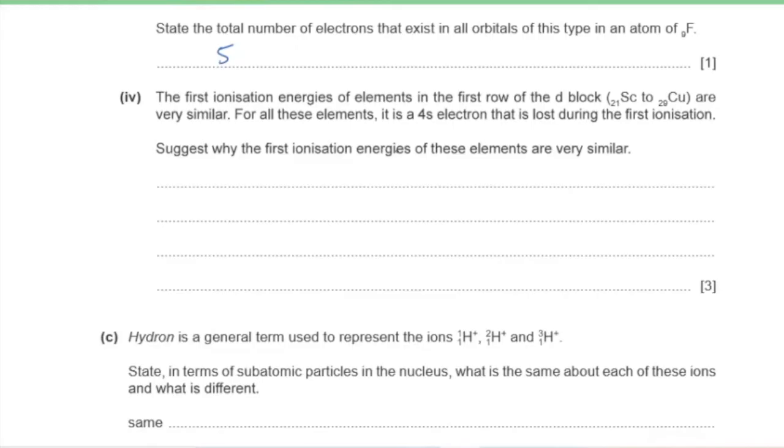Okay, so scandium has a configuration of 1s2, 2s2, 2p6, 3s2, 3p6, 4s2, and 3d1, and this continues until copper. 3d is of a greater energy level and is an inner shell, and 4s is the outermost shell and has a complete orbital. The first electron that is removed in first ionization energy is removed from the 4s subshell, not the 3d subshell.